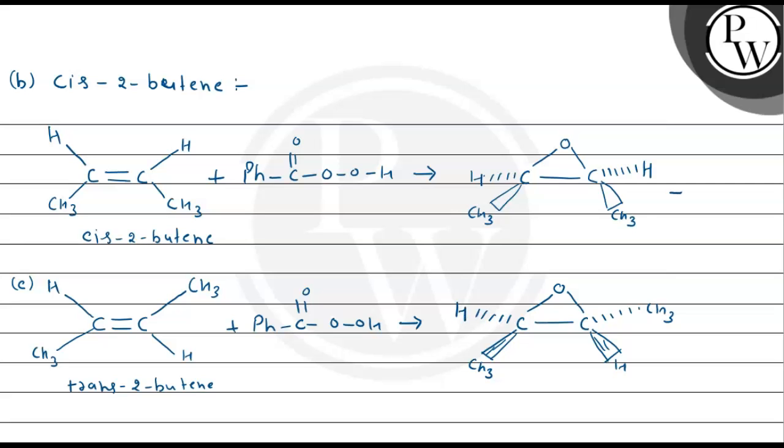Plus in both of the cases benzoic acid will form as a byproduct. So it is benzoic acid which is present as a byproduct. I hope you understand the concept.